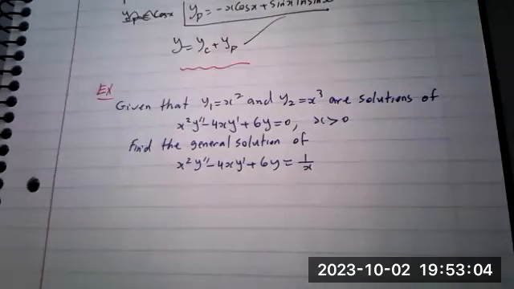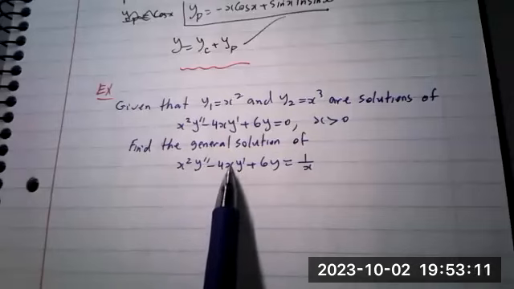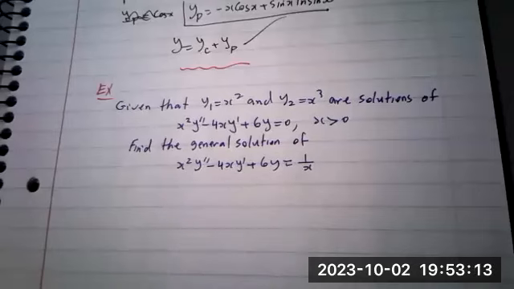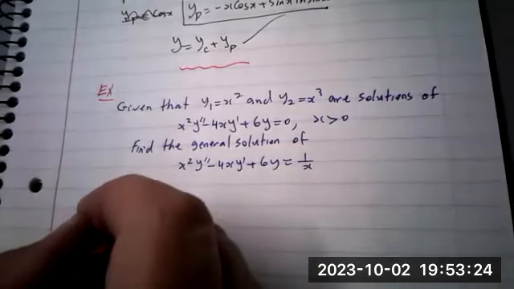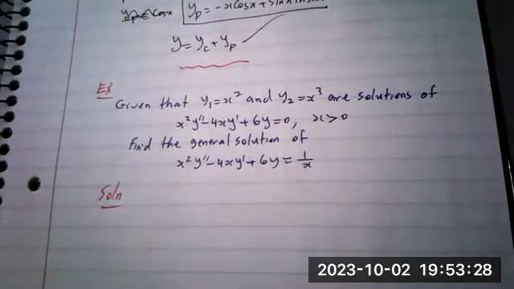It's called Euler equation later on. And the reason is, you see, look at this one, x squared y double prime, x y prime, then the constant. And we have a method to do it, but even for that part, you can only do the first part, not the second part, okay? So make sure you understand what they are asking for. You don't have to check anything because they say given that.